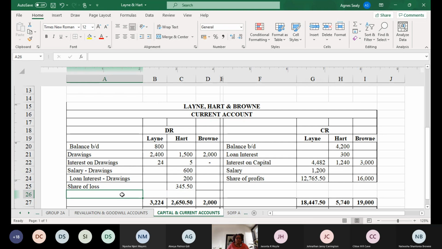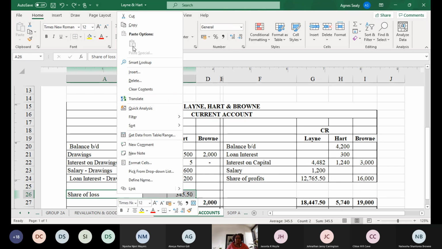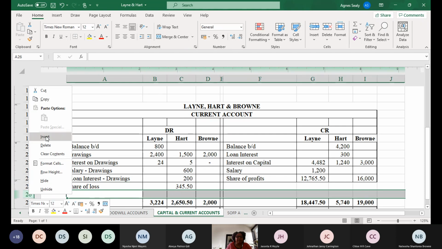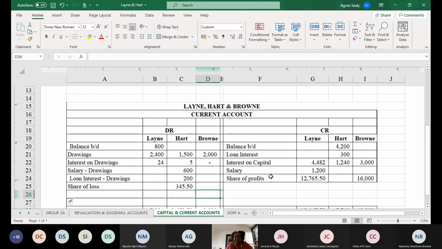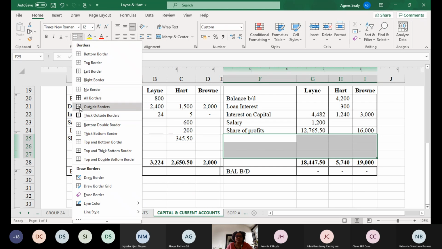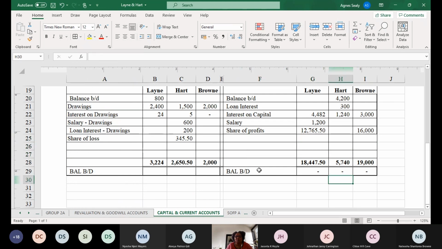Then we have to then balance our accounts. So I don't think there's anything else that needs to be added.